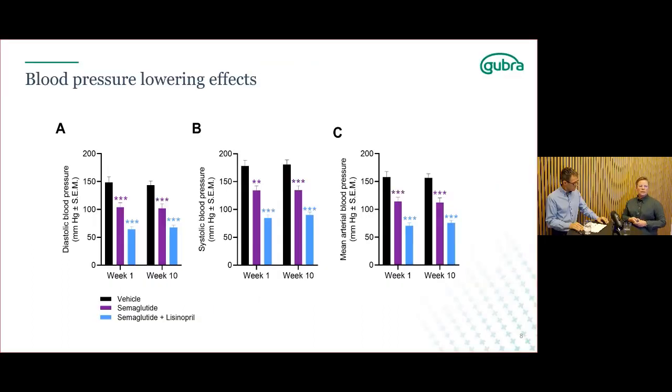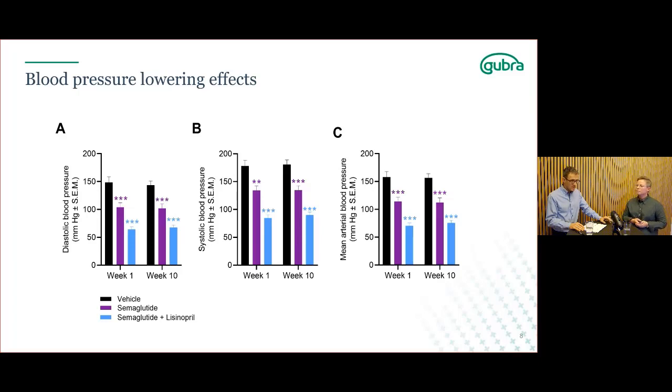What you see here with the blue bar is the combination effect of semaglutide and lisinopril. Based on our previous data, semaglutide alone is as efficacious as lisinopril alone in this model at lowering blood pressure. So it's a really nice additive effect that we see here. Okay, all right.